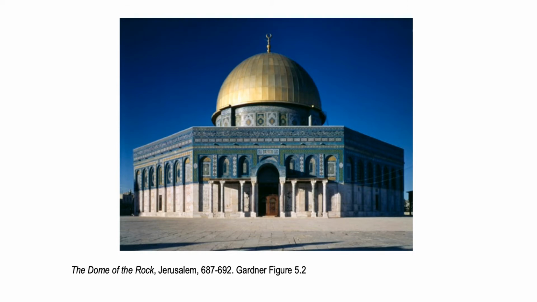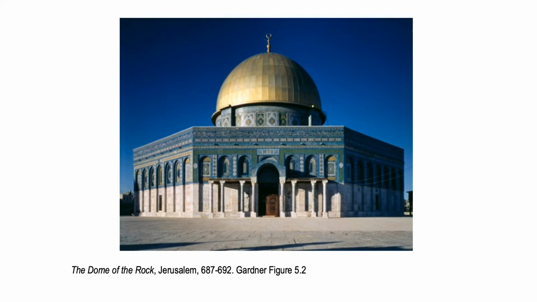Its architectural elements, though, are reminiscent of Byzantine architecture. And so we think that the architects who built the Dome of the Rock were Byzantine architects. The Dome of the Rock is a mosque.